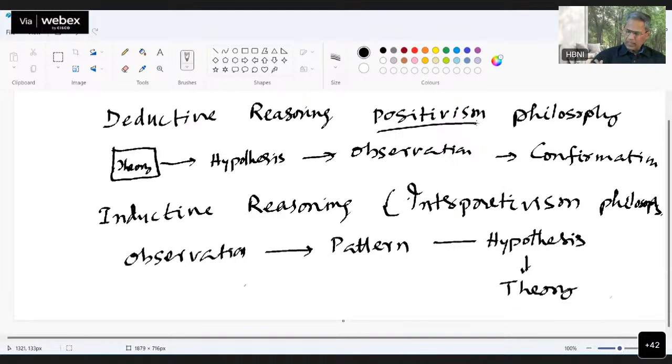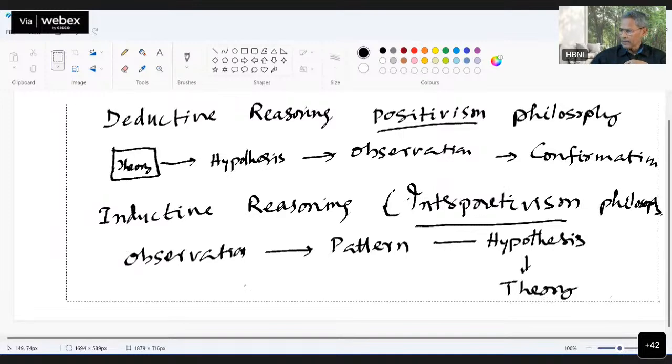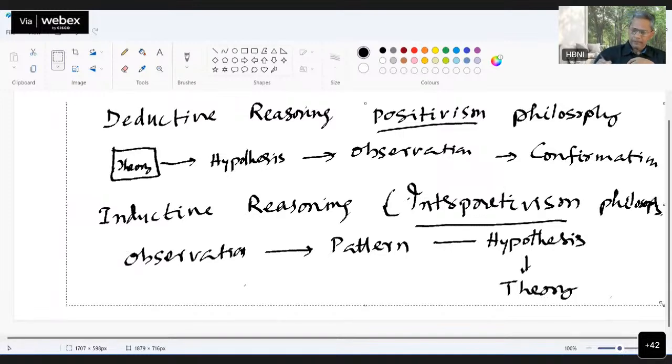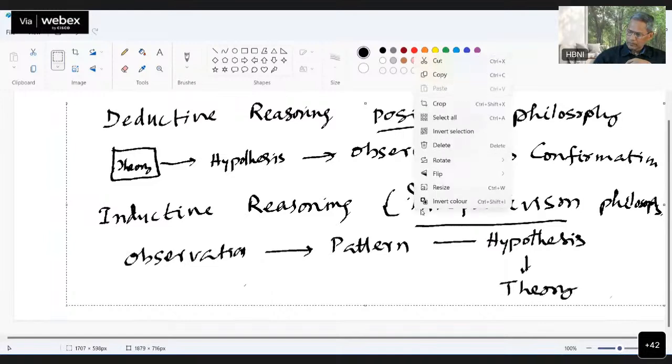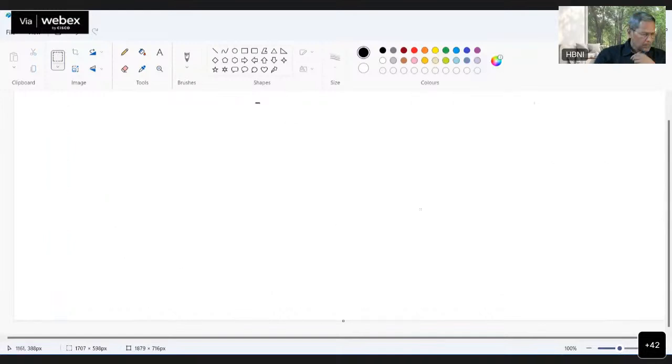But particularly in the case of social studies, that falls in the category of interpretivism and qualitative research. But there are a few concepts we'll go through before we go any further. Some important concepts relating to research design.